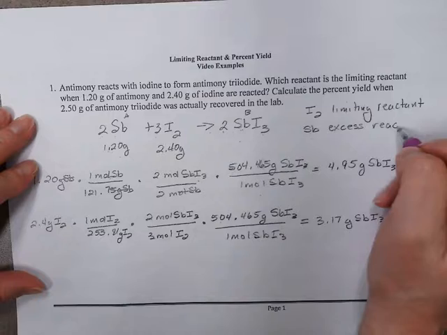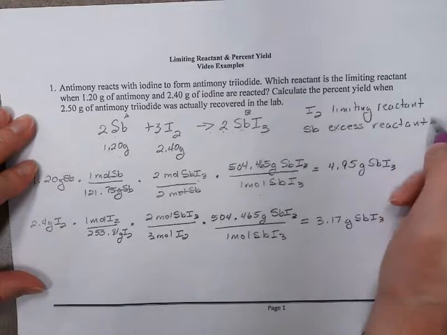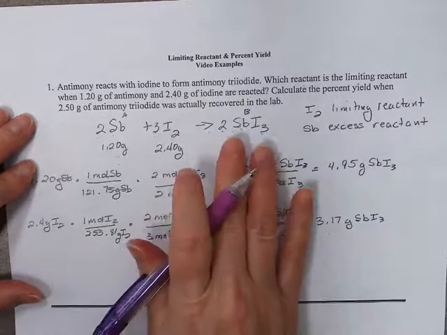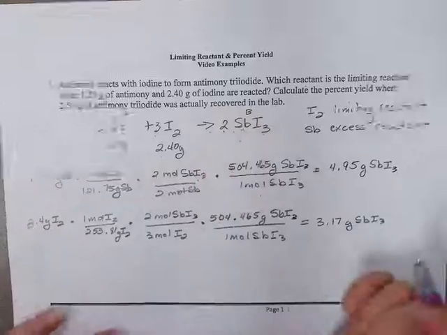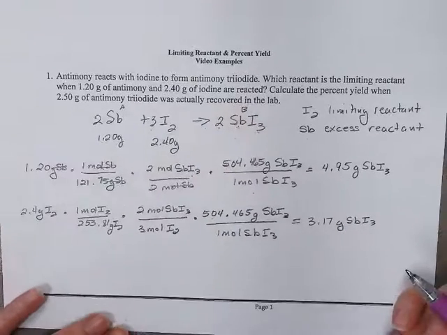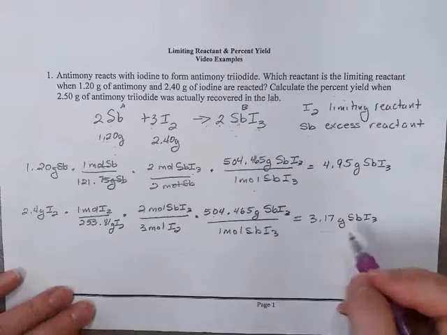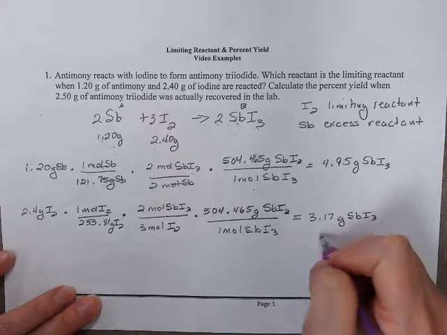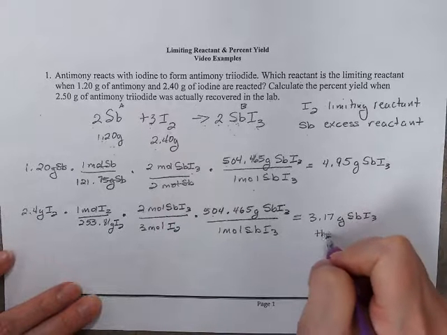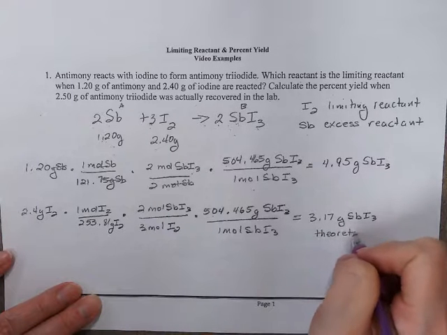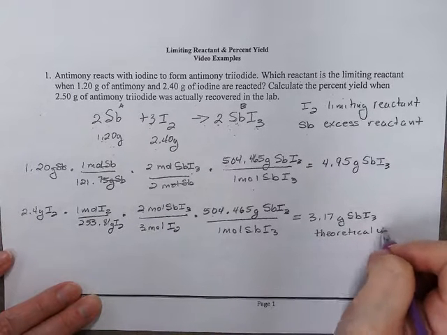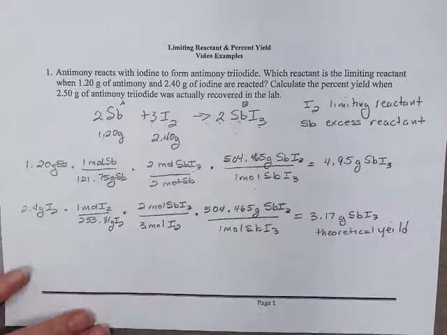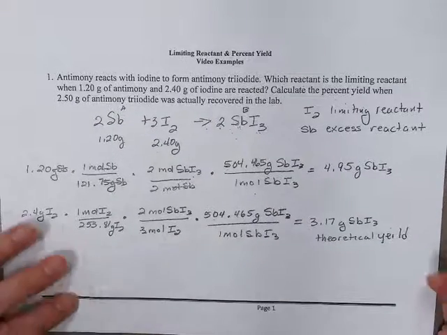It means there's going to be some antimony left over that doesn't react. And we don't indicate it in the balanced equation. We just only look at the things that are involved in the final product. Okay? So now that I know that this is my theoretical yield, I can now calculate my percent yield.